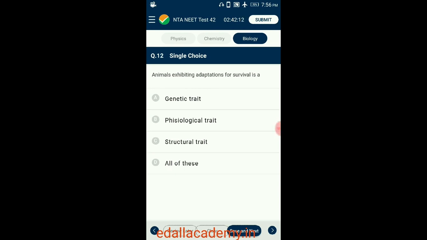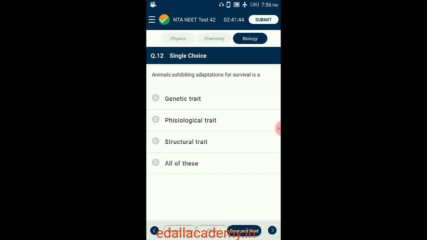Question number 12. Exhibiting adaptations for survival is a. Any characteristic that is advantageous to a particular organism or population is called adaptation. It is brought about by natural selection of heritable variations, and hence it can be regarded as a genetic trait or behavioral trait.